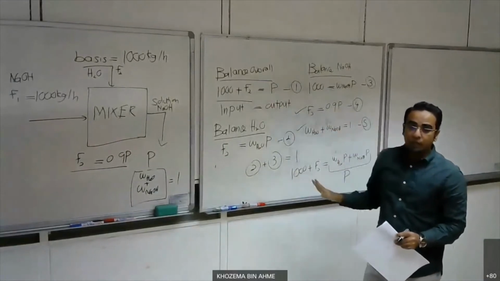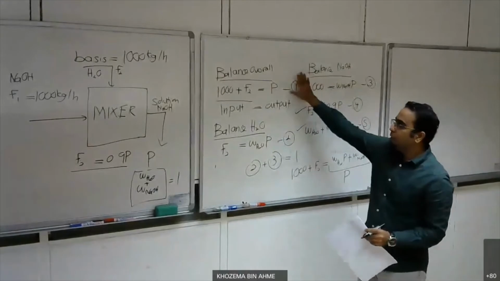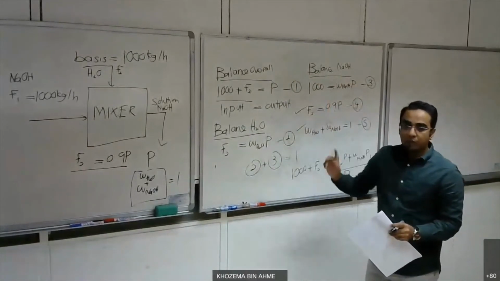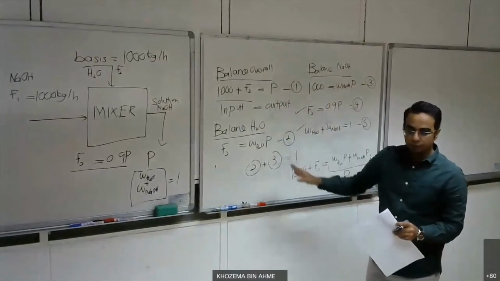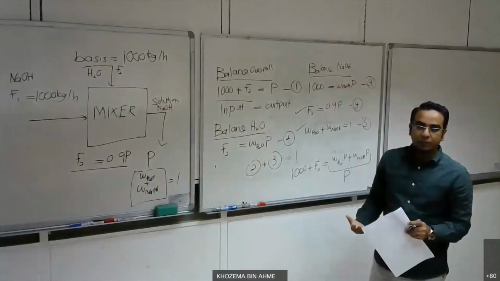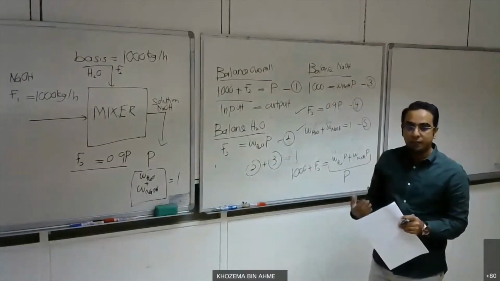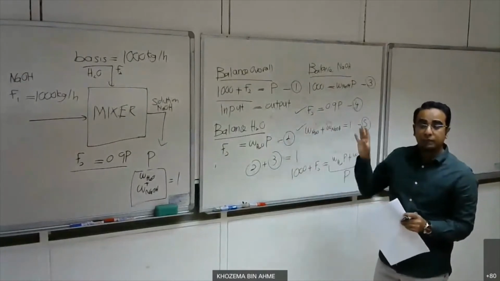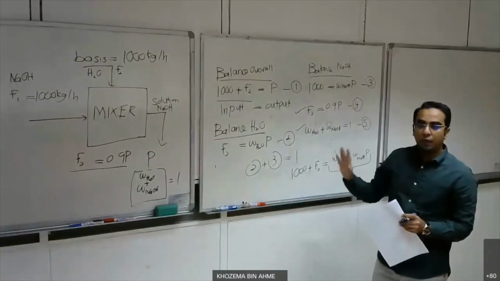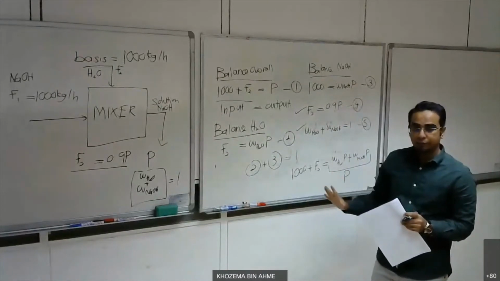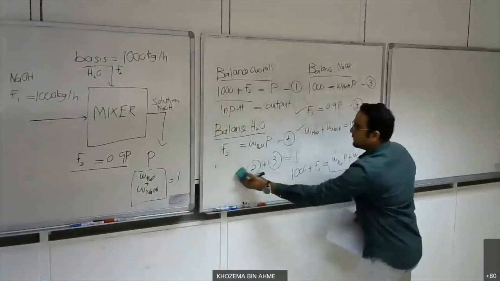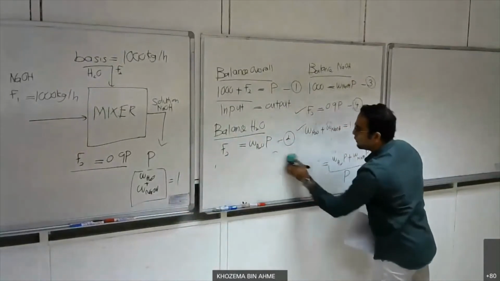That is why we say that only 2 of them are independent and 1 of them is dependent on the others. That is the meaning of independent equations. It does not matter how many equations you can write; the most important thing is how many independent equations. I hope you understand this. If you don't, you can always ask questions.